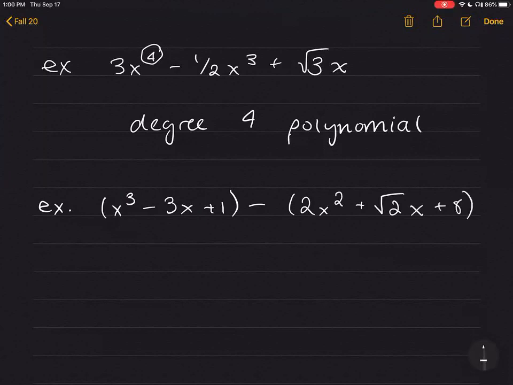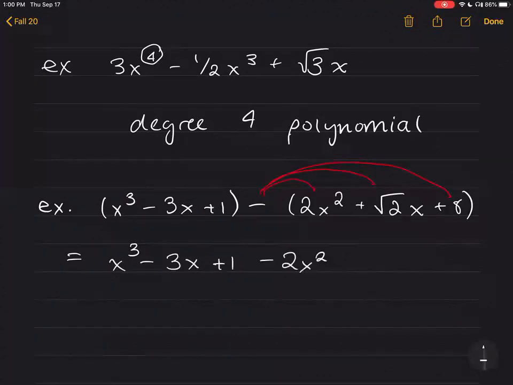So how would we do that? Well, I'm going to go ahead and distribute this negative into this polynomial. So then this becomes x cubed minus 3x plus 1 minus 2x squared, right? Because that minus goes into there, then minus square root 2 x, and then minus 8.